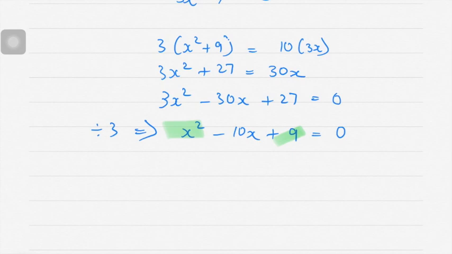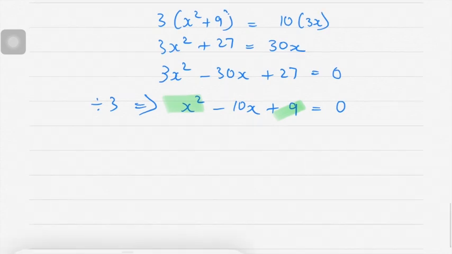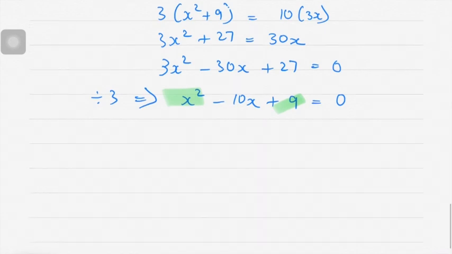So now you need factors of 9. Okay, because here x square doesn't have any number, that means it is 1. So 1 into 9 is 9 only, right? So you need two numbers. When you add, it is minus 10, but when you multiply, it is 9.